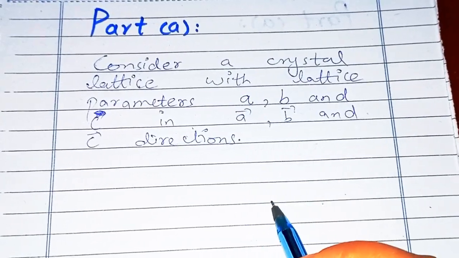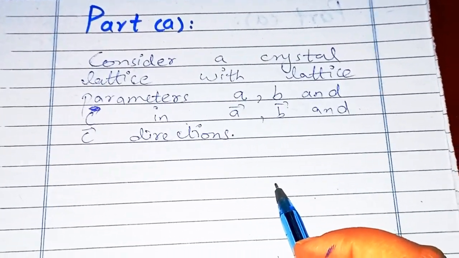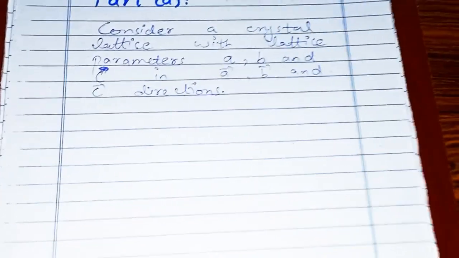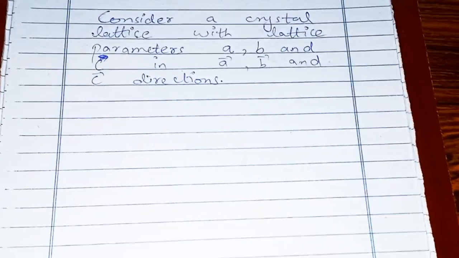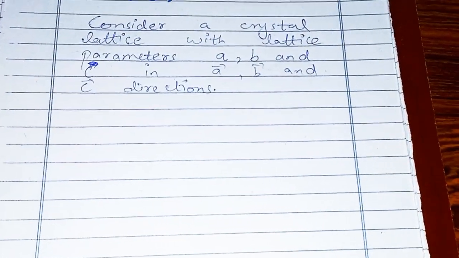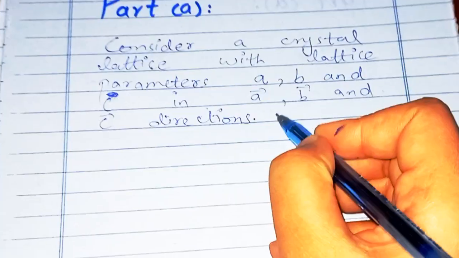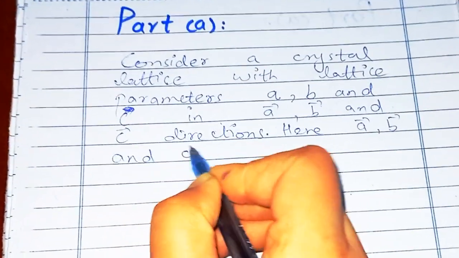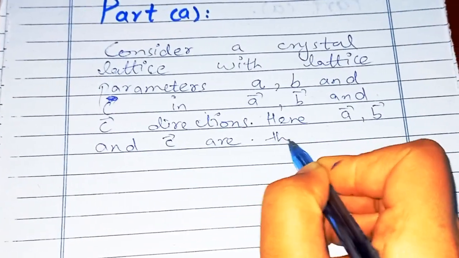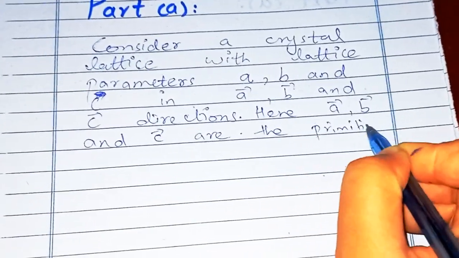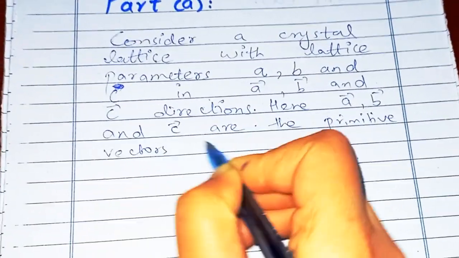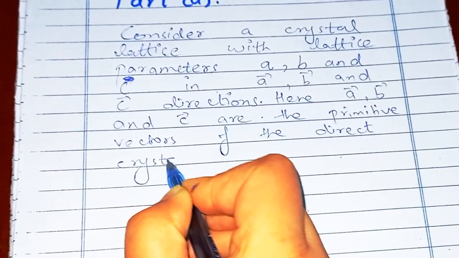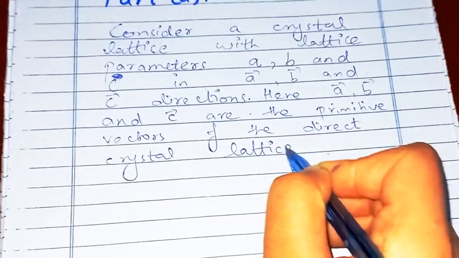Here a, b and c are the primitive vectors of the direct lattice, and we are considering them instead of the x, y and z directions because we need to compare the direct lattice with the reciprocal lattice, and that is why we are doing it. Here a, b and c are the primitive vectors of the direct crystal lattice.